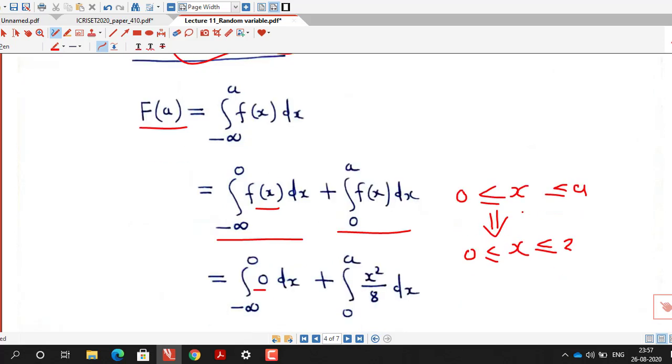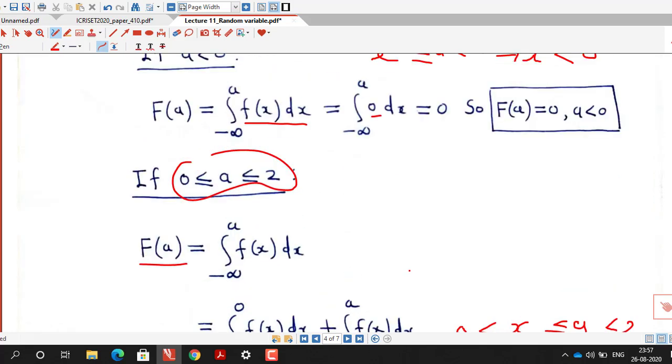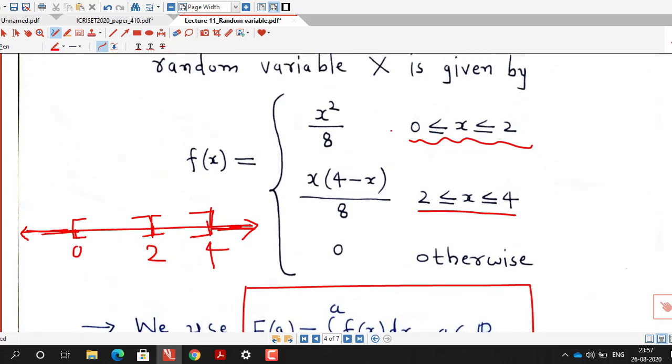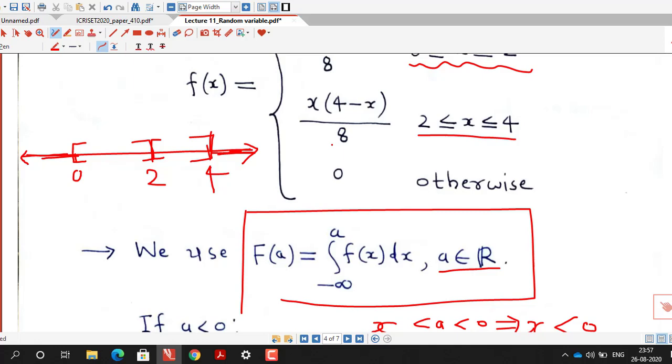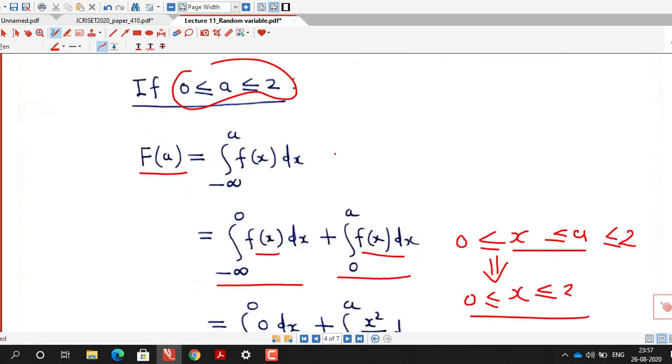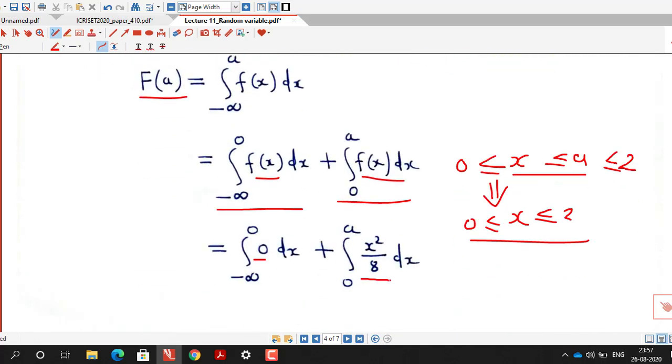Because x is less than or equal to a and a is less than or equal to 2, therefore x is also in this interval. And if x is in this interval, the value of the PDF is given by x square by 8. So we put x square by 8 here, because a is less than or equal to 2, therefore x is also less than or equal to 2.